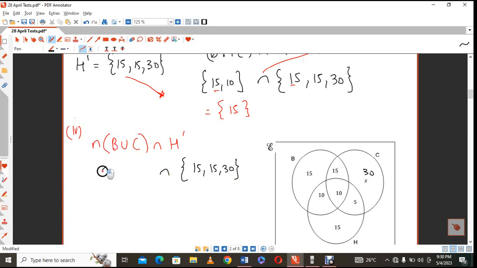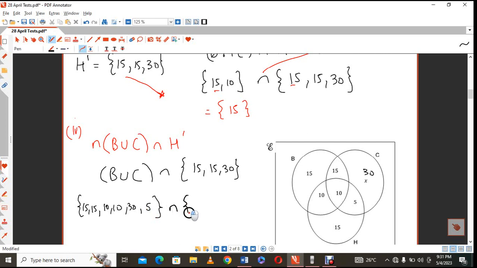So I'm just doing B union C now, that is B and C together. If I list those elements together of B and C, of course it's 15, 15, 10, 10, 30, 5. This is the union of those, what is there.